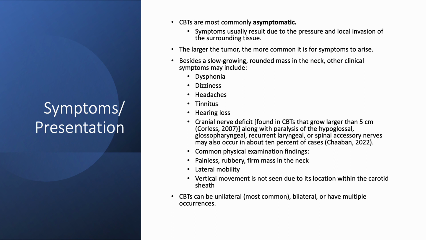If you are seeing tumors, you will see that slow-growing rounded mass in the neck, and there can also be signs of dysphonia, dizziness, headaches, hearing loss, even cranial nerve deficits if the carotid body tumor is big enough. You can also see physical exams showing that lateral mobility of the mass, and vertical movement is not commonly seen just because of its location within the carotid sheath.